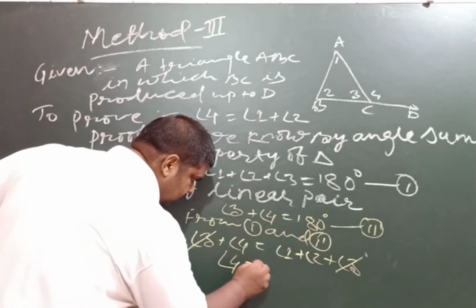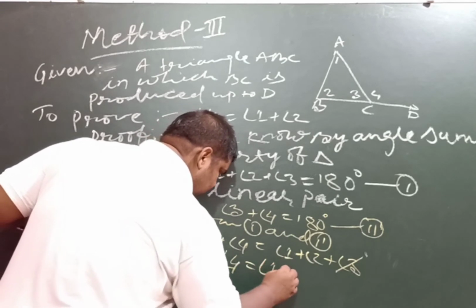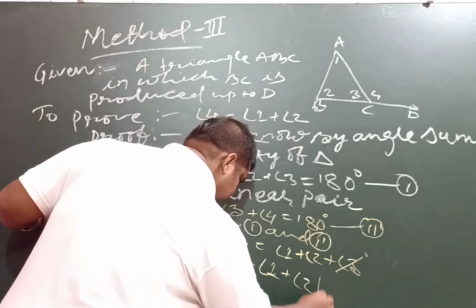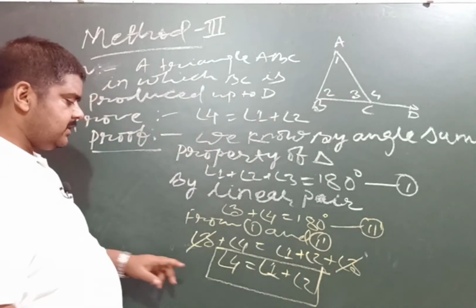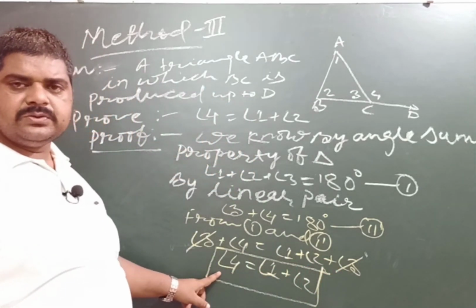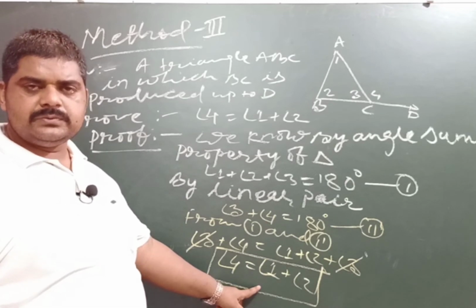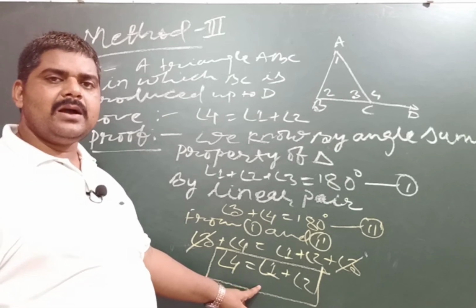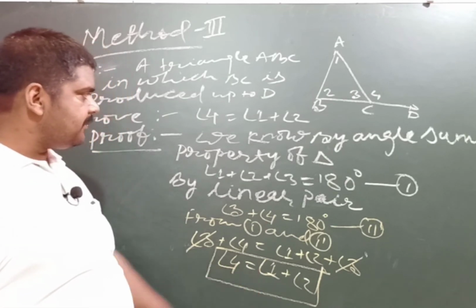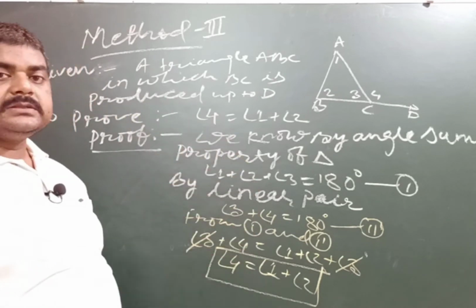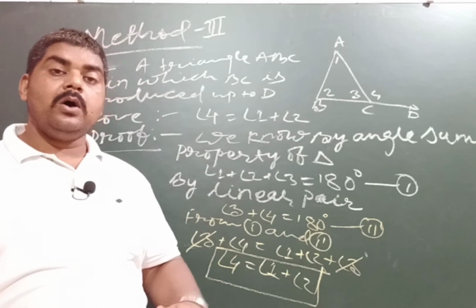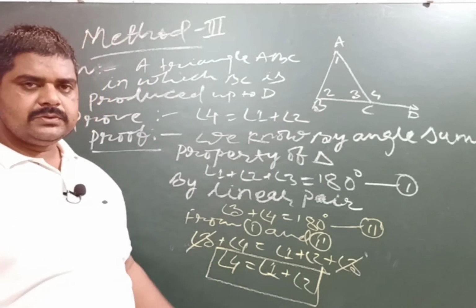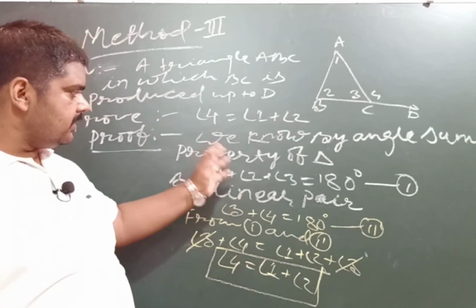So angle 4 is equal to angle 1 plus angle 2. Now you conclude that the exterior angle is equal to the sum of the two interior opposite angles. This proof is known as the theoretical method or logic method. So you may use the third method.